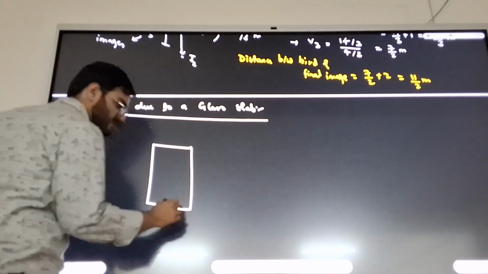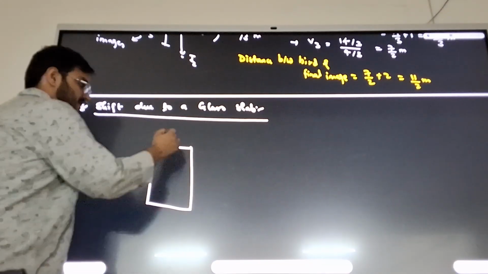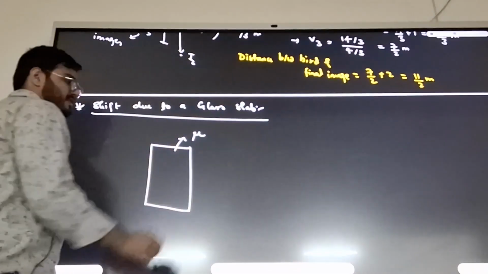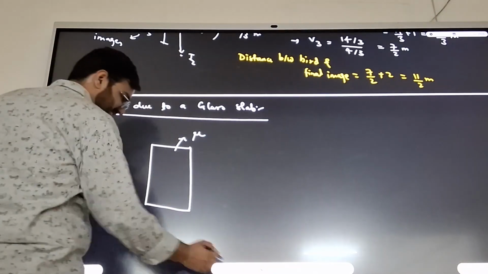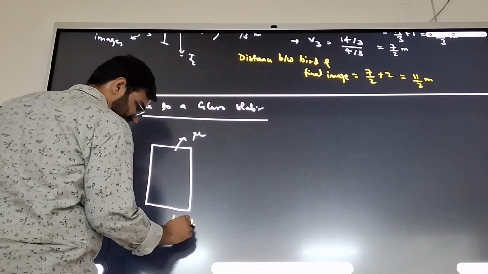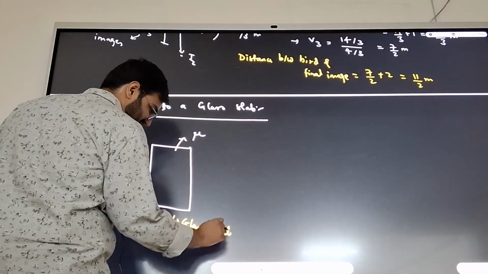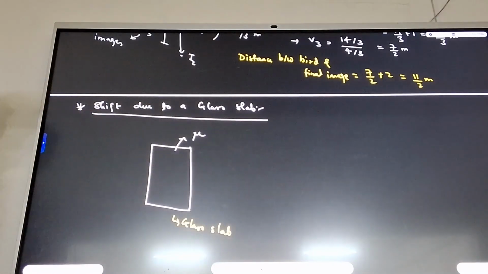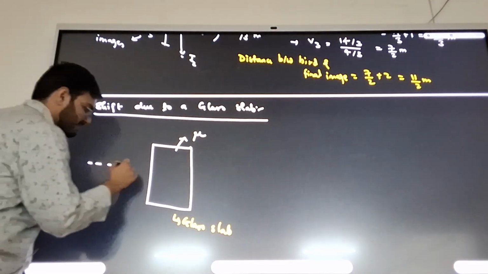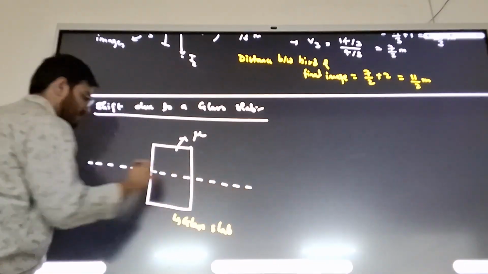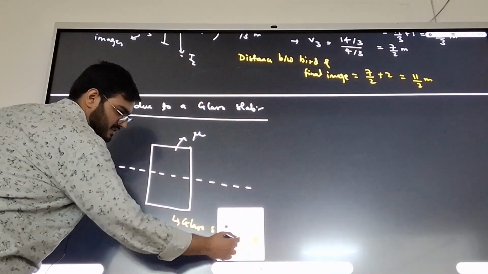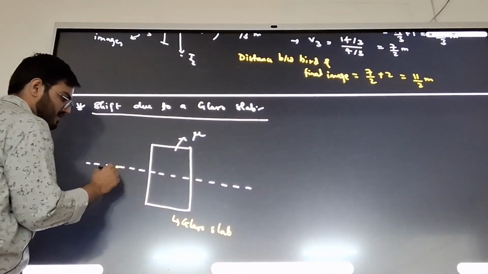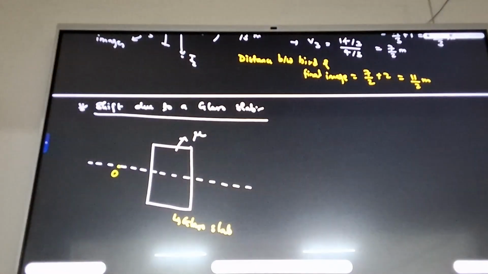You understand the meaning of glass slab? Of refractive index mu. This is where my object is placed. Let's say this is where my object is placed. Object O. What will happen?